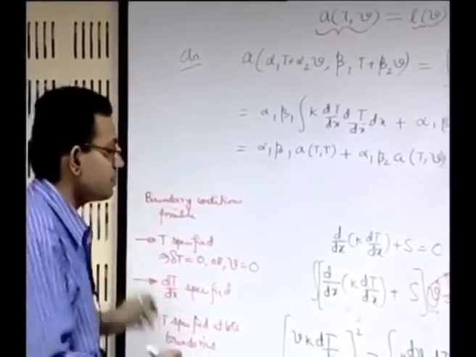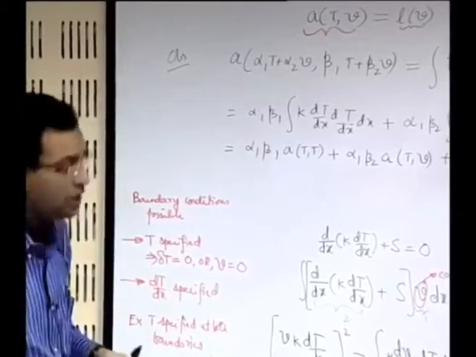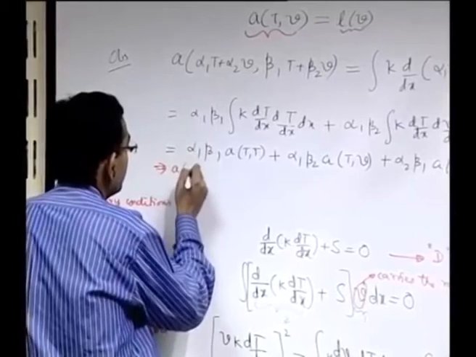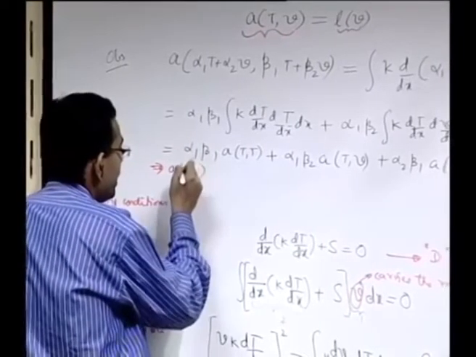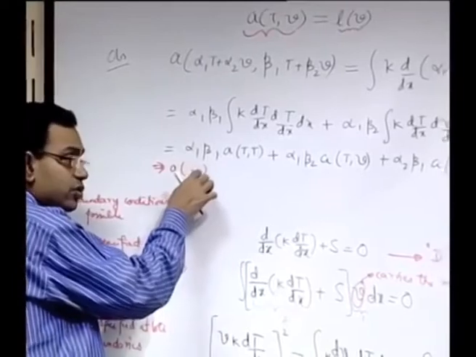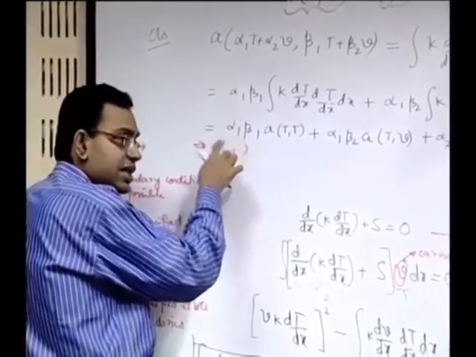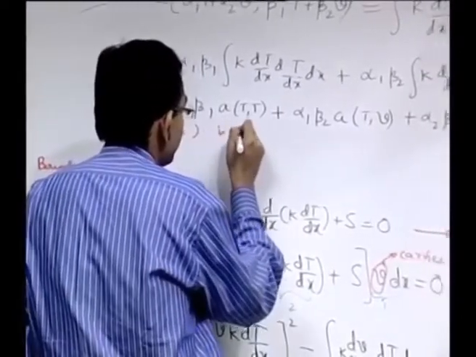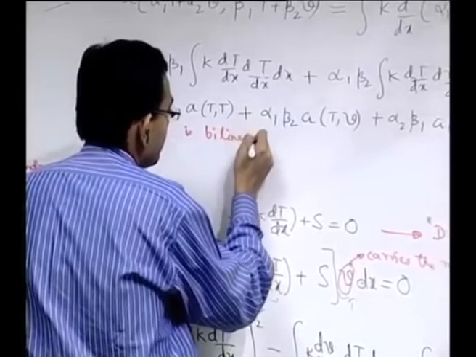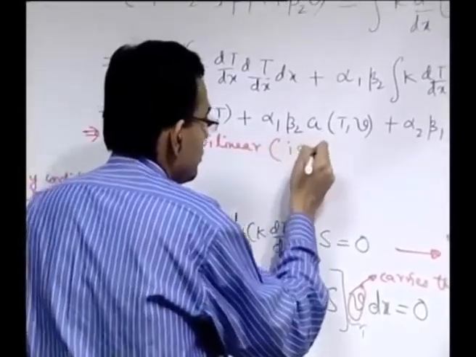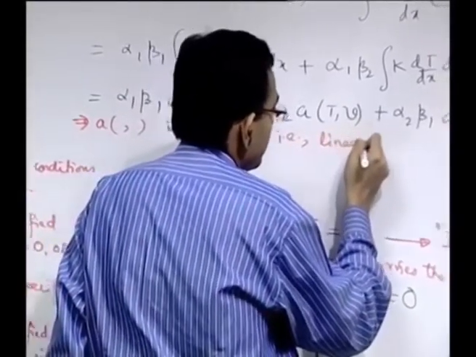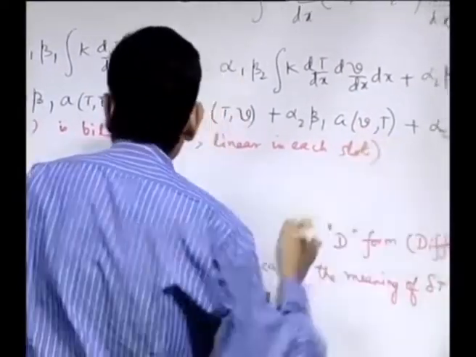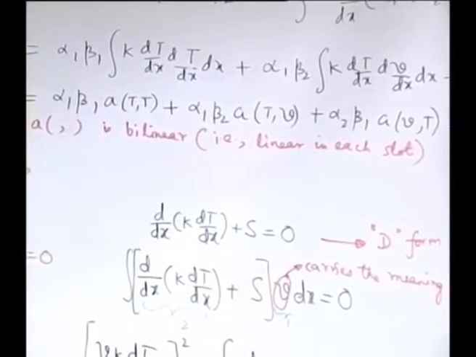It is linear in each slot. Symbolically a bilinear operator may be written in this way: there are two arguments, and if it is linear in each argument, that is linear in each slot, we call it a bilinear operator. So this is the first observation.